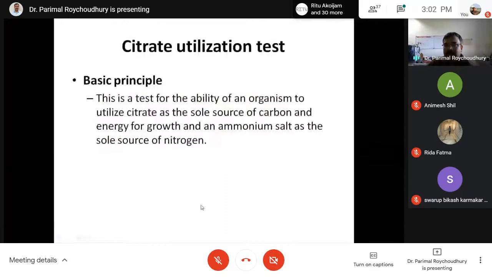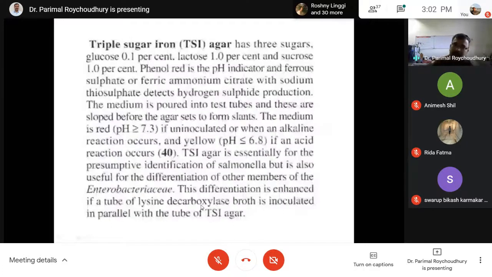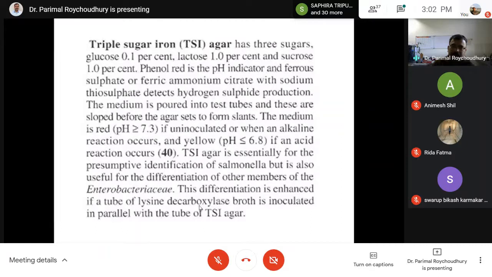Likewise it progresses, and this is, I guess, the last one that I'm going to talk about. In the pace of development, people tried to incorporate single tube biochemical tests to generate more information. As such, a particular medium has been developed called TSI agar, triple sugar iron agar.